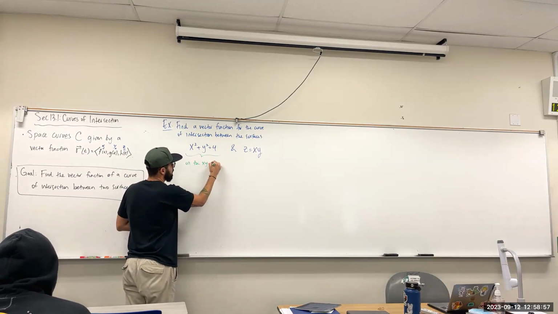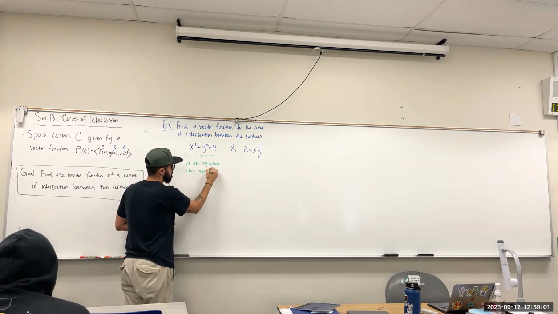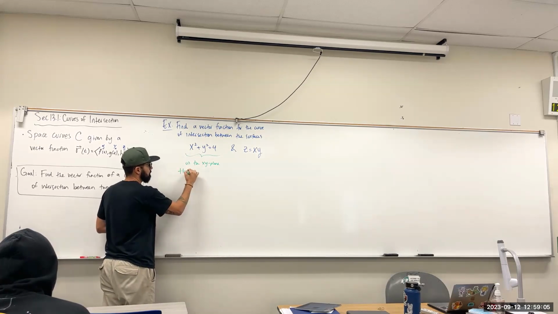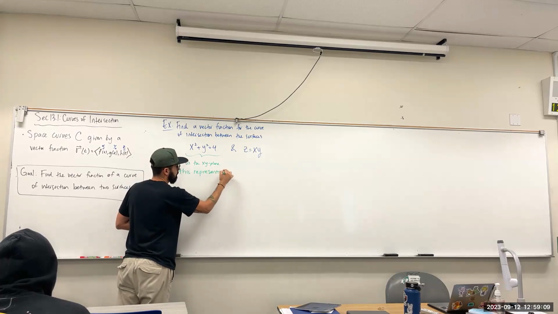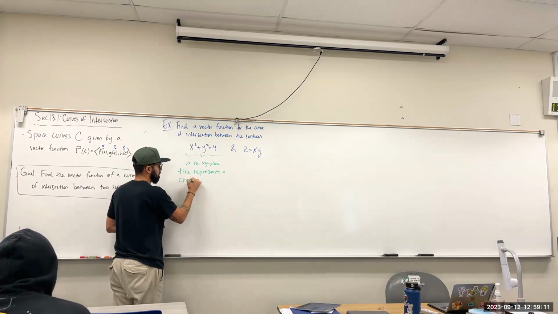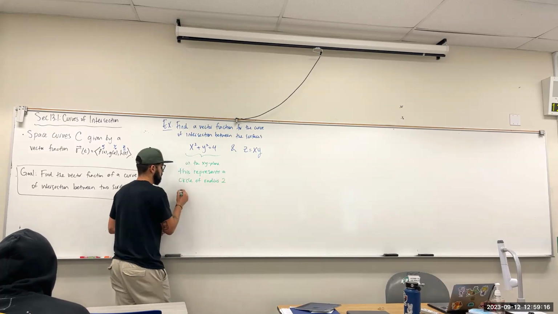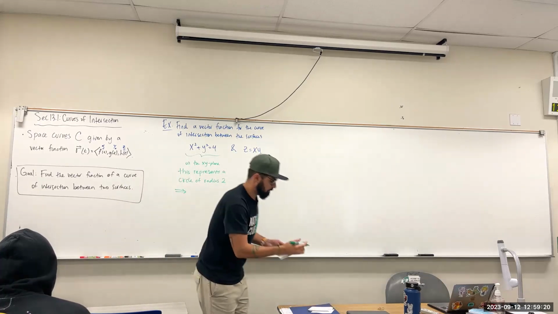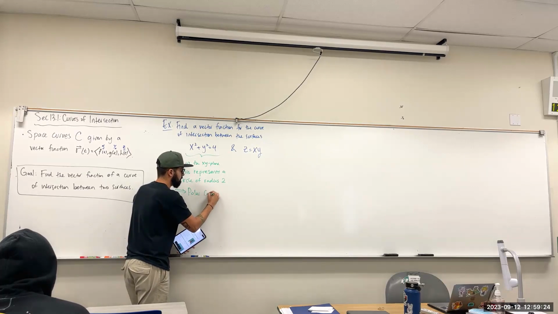So we know that on the xy plane, this represents a circle of radius 2. How can I use polar coordinates to tell me how to write x and y?